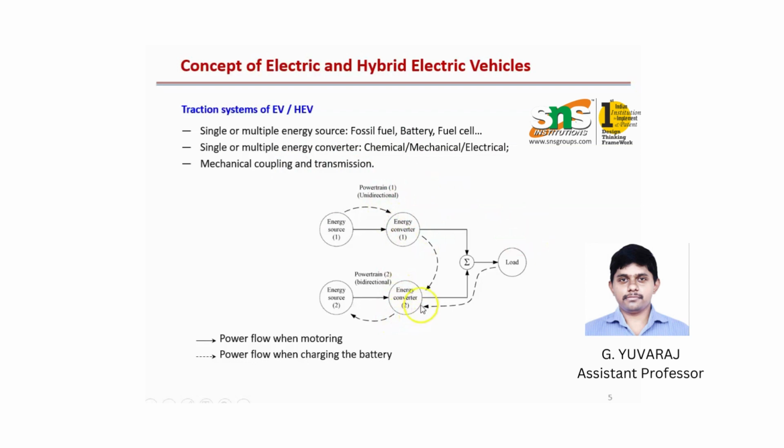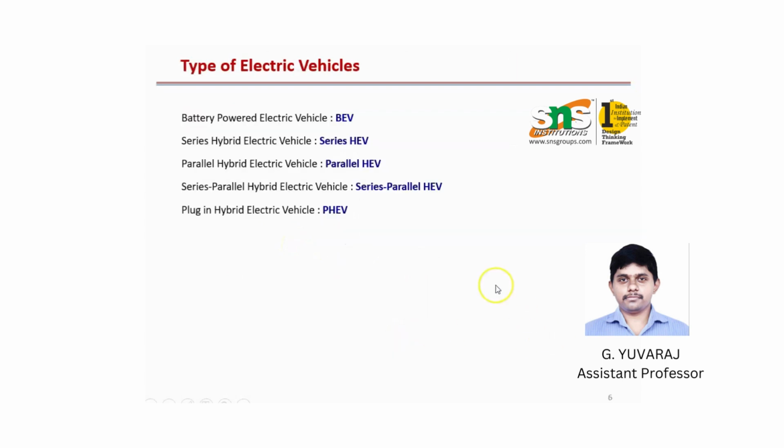Similarly, the energy converter makes it possible to have multiple energy sources, which can create the source of energy for power flow when there is motoring, and also when a load is given to this vehicle. That is what this diagram indicates, and here is the total load which has been used.